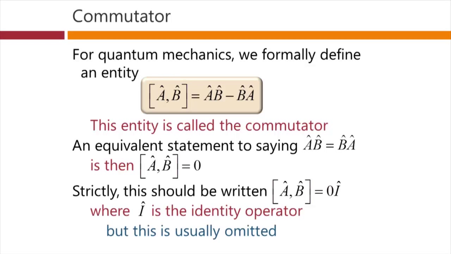But usually, we don't bother to write this identity operator. So it will usually be obvious from context whether there should be an identity operator in there or not. But mostly in the algebra with commutators, we are not at all careful to make sure that what we have on the right here is written as an operator, even though it has to be an operator in a statement like this.